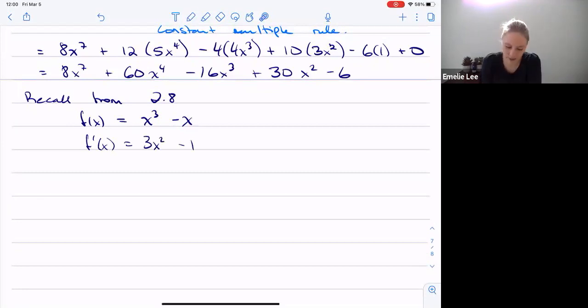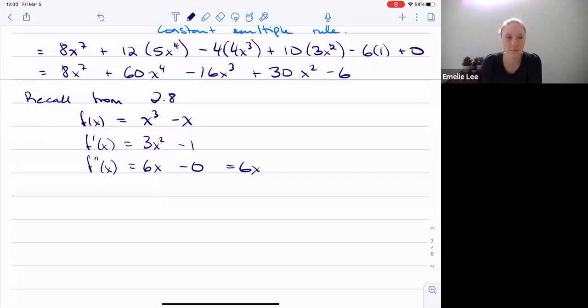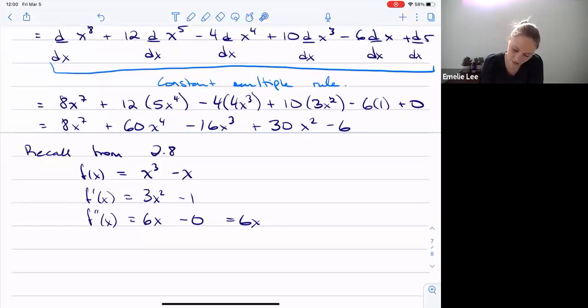I can take the derivative of that. Second derivative here. Again, I bump that 2 down in front, so now I get 6x minus 0, which is just 6x. Take the derivative of 6x. Now I'm just left with exactly what was going on over here, 6x.